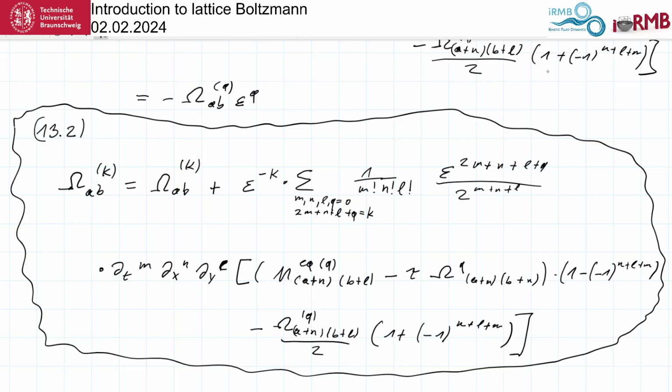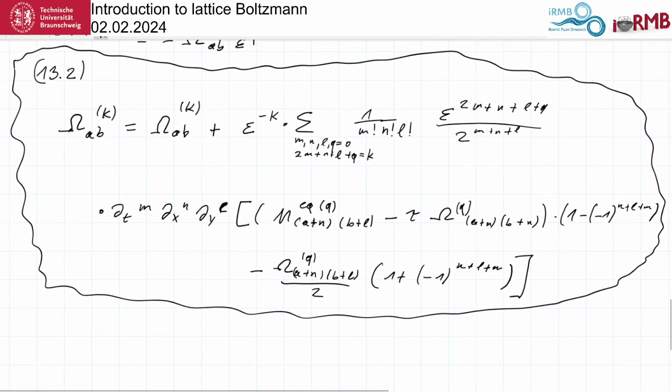Then the computer will tell you that this is a function of the equilibrium moments and omega AB to another order. And then you can ask, what is that? And so you come recursively forward, and therefore this is a recursive asymptotic analysis with this equation.